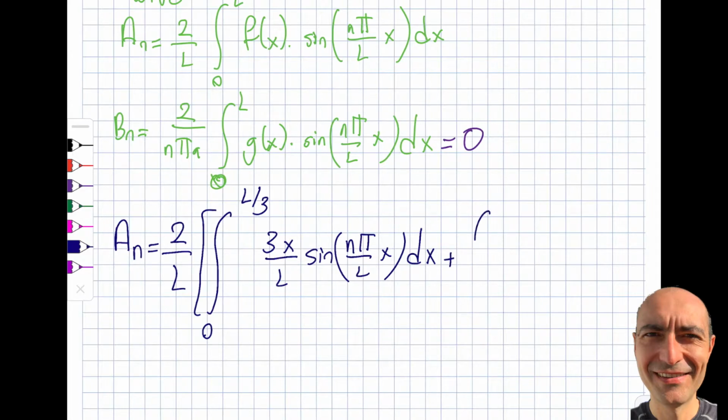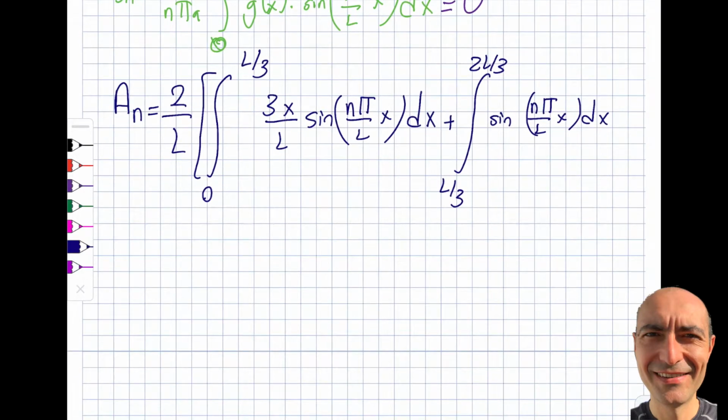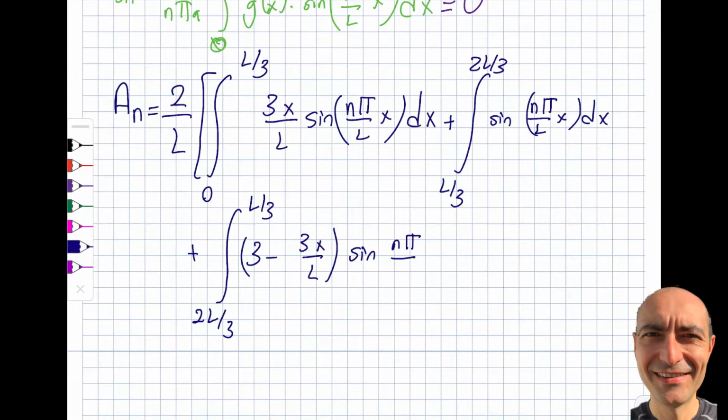The second range will be from L by 3 to 2L by 3, that will be 1 times sine(n pi x/L) dx. And the third and last range is from 2L by 3 to L. This will be (3 minus 3x/L), that's what the equation was, times sine(n pi x/L) dx, and close this bracket.